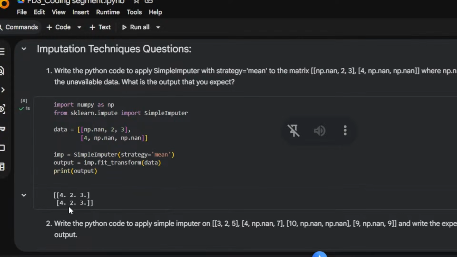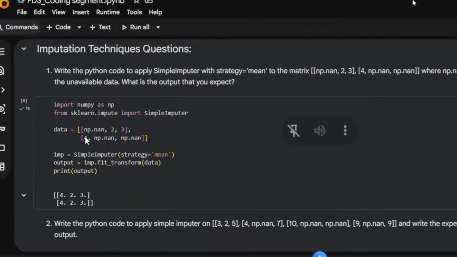You might be wondering why both rows are literally the same. It's because here in the first column np.nan is there and 4 is there. So while taking the mean, there is only one object, right? So you just do 4 by 1.